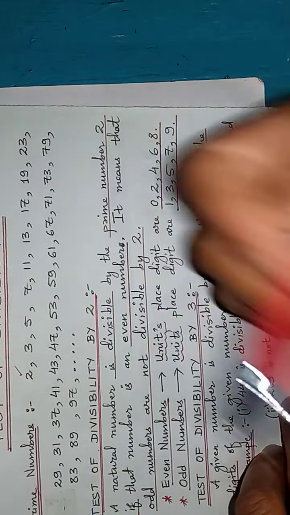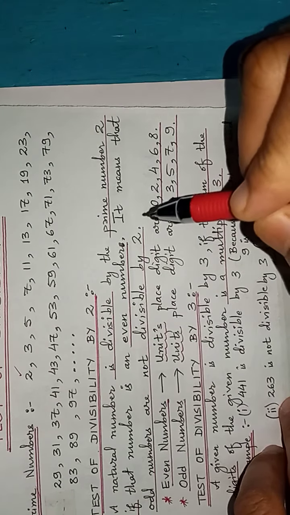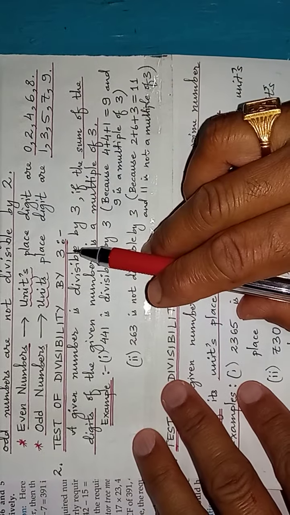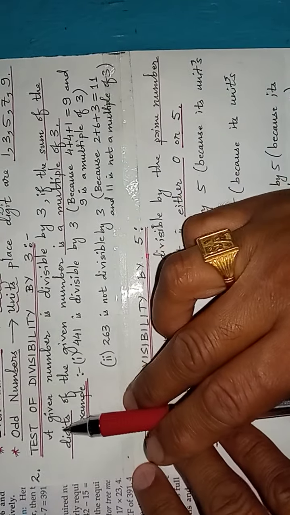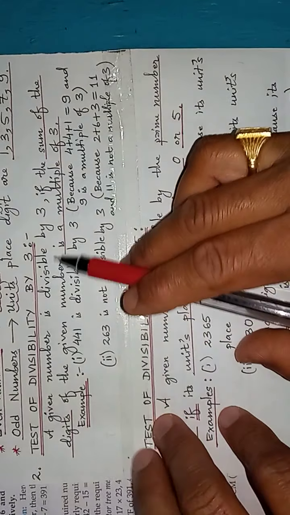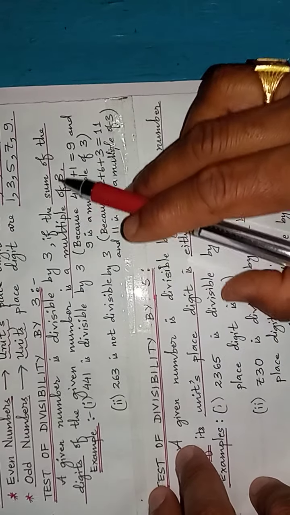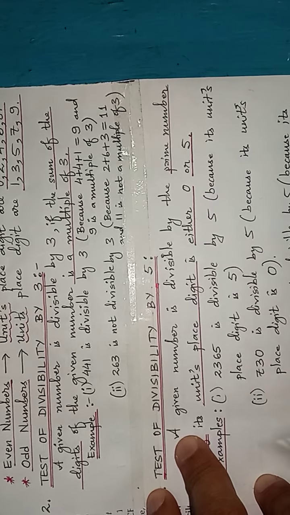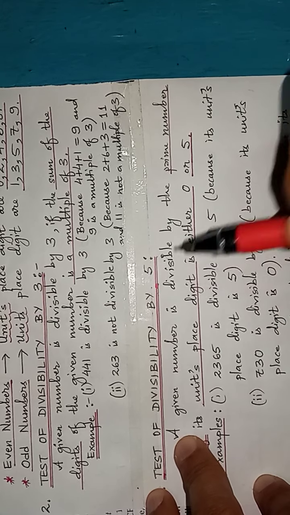Before you do the actual division, for 3 also you can check whether a number is divisible by 3 or not. There's a test of divisibility by 3. Let me read. A given number is divisible by 3 if the sum of the digits of the given number is a multiple of 3. The number will have some digits like 0, 1, 2, 3, 4.